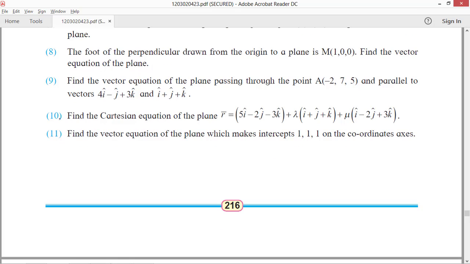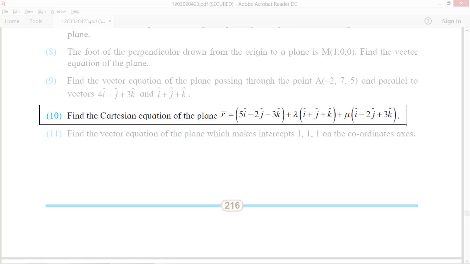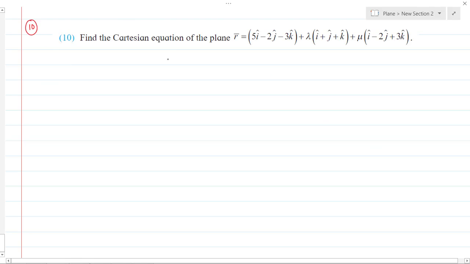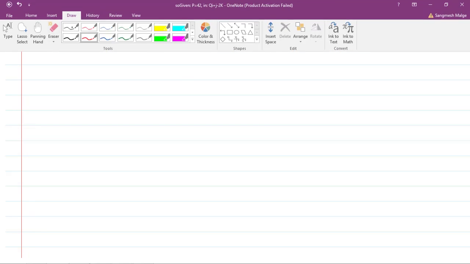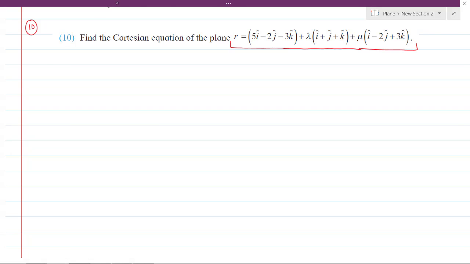It says: find the Cartesian equation of the plane r bar equals 5i minus 2j minus 3k plus lambda into something plus mu into something.